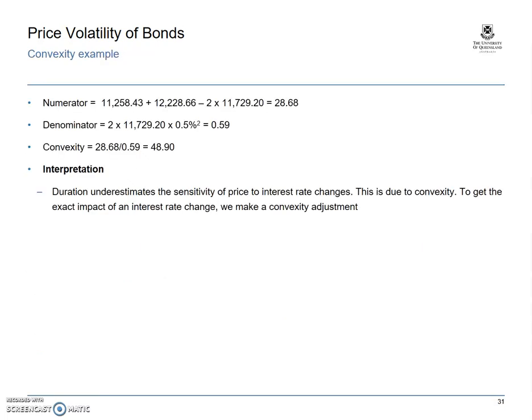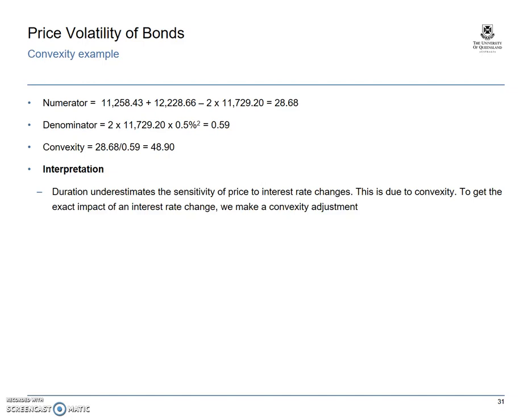So if we go back to our example that we were looking at before for duration, we take the value V positive, so that's 11,258, plus the V negative, 12,228. All of that minus 2 times the initial value, which was 11,729, and that equals 28.68.